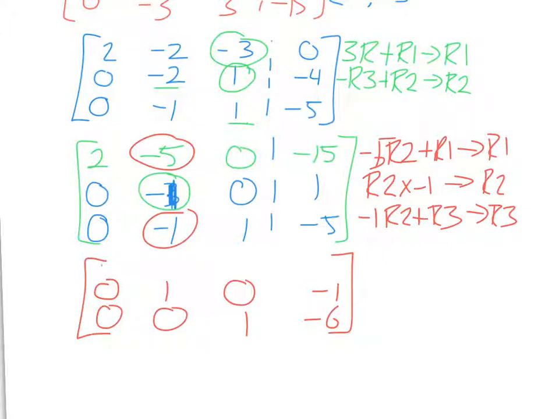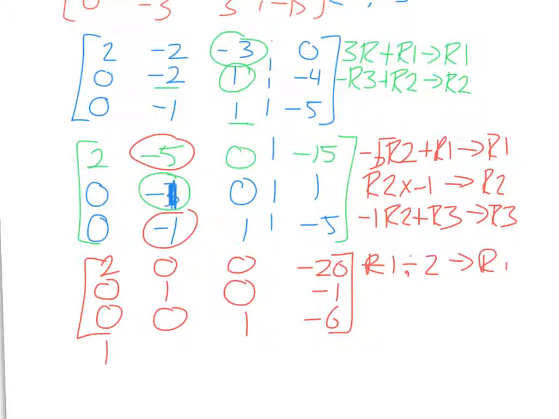We end up with 2, 0, 0, and then negative 5 times 1 is going to be negative 5, plus negative 15 is negative 20. And then finally, I got to divide row 1 by 2 and replace row 1 with that.